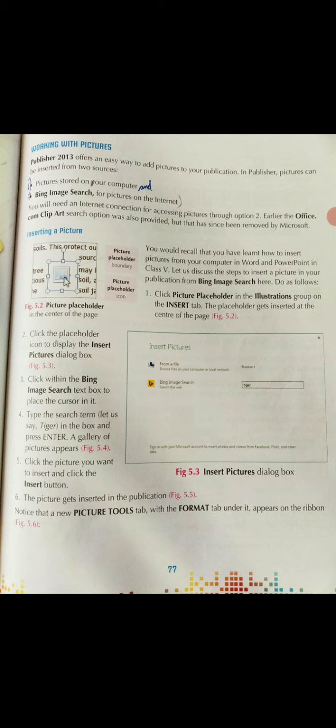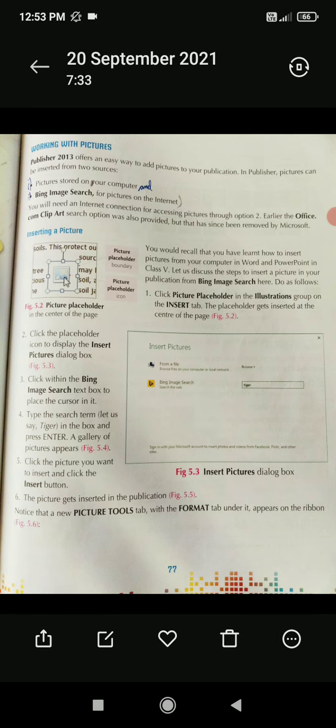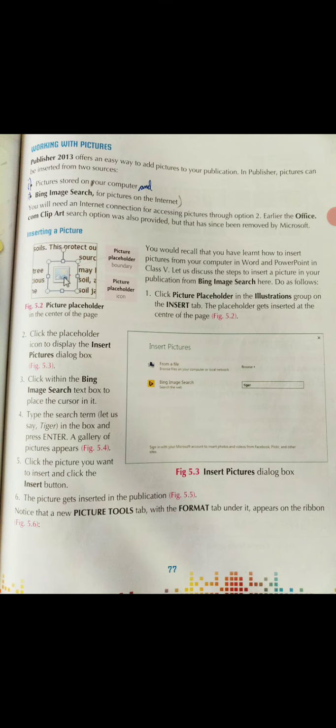Clear students? You will need an internet connection for accessing pictures through option 2. Earlier the Office.com ClipArt search option was also provided, but that has since been removed by Microsoft. The first option, a picture stored in your computer, is already stored in your folders.